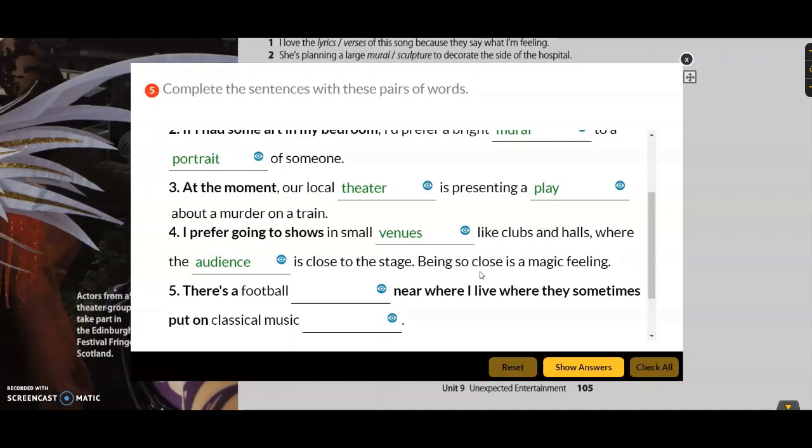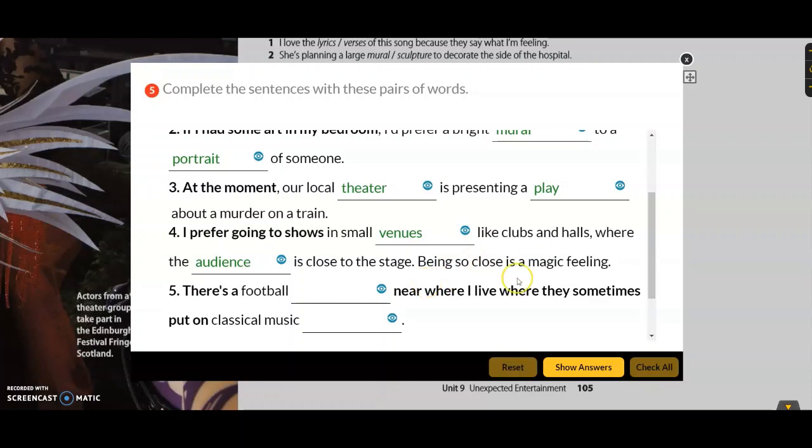If you really enjoy the group, maybe you would buy the most expensive tickets to have them in front of you, and have that magic feeling, as exercise 4 mentions. So let's go to number 5.